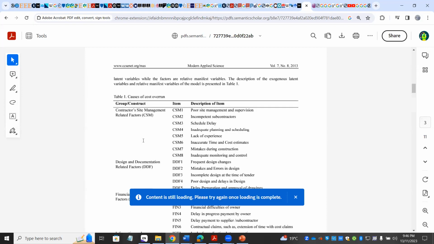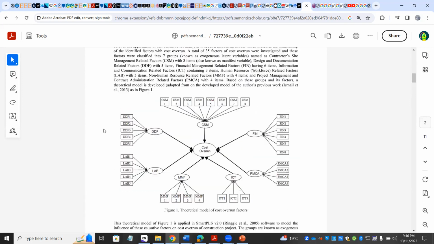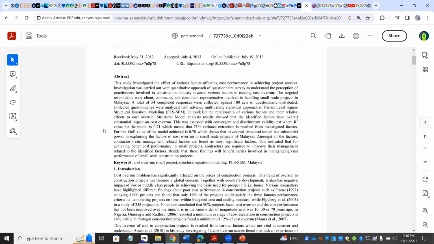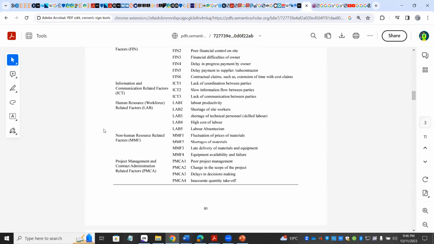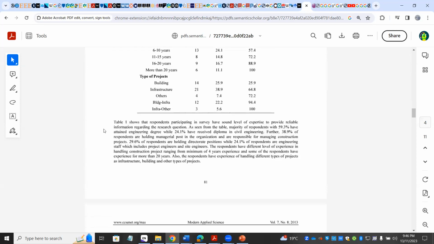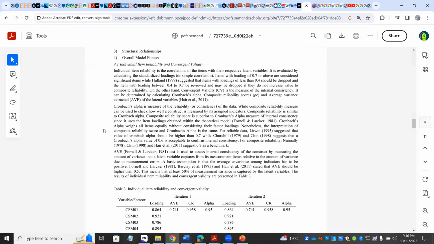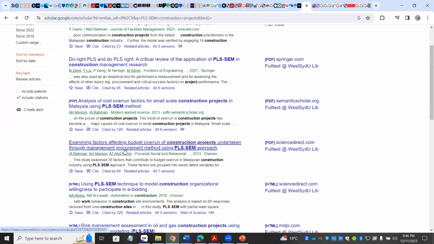So somebody will ask, Isaac, why are we looking at all these things? We have to look at all these things. We have to look at hypothesis development because what we are doing is more of a quantitative analysis. It's deductive research. For deductive research, you need hypothesis development.